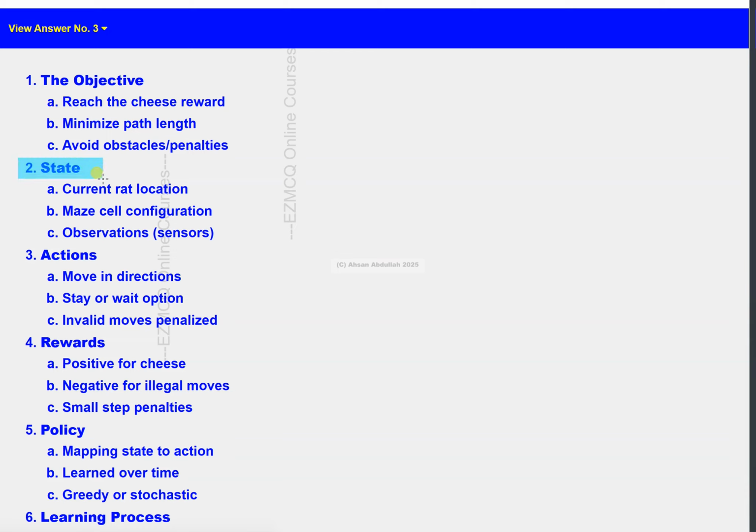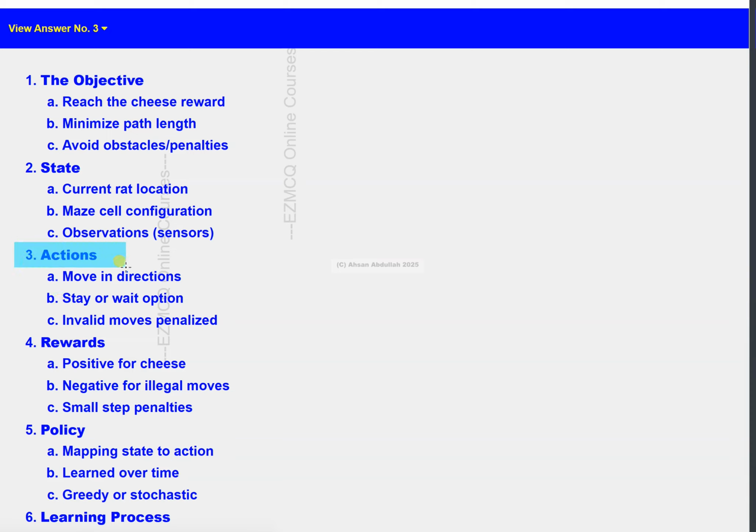Then there is the state. The state in that maze typically encodes the agent's current position in the grid and optionally the local environment, such as the walls and visited cells. This state representation is what the agent sees, and based upon these states, the agent takes actions.